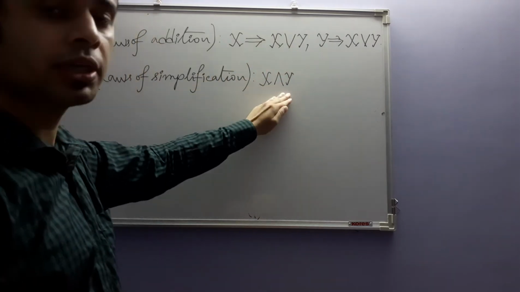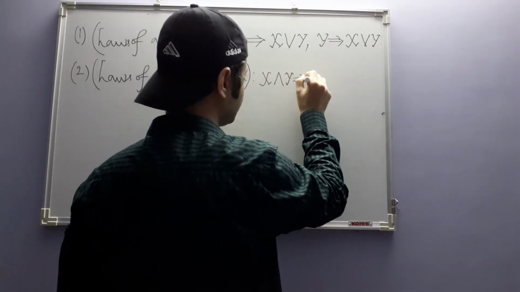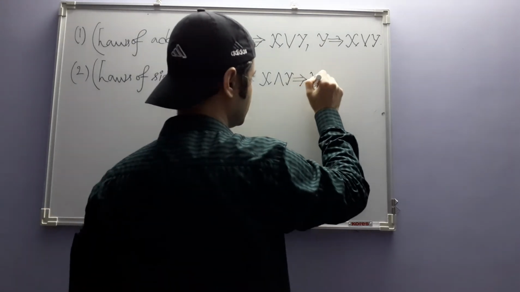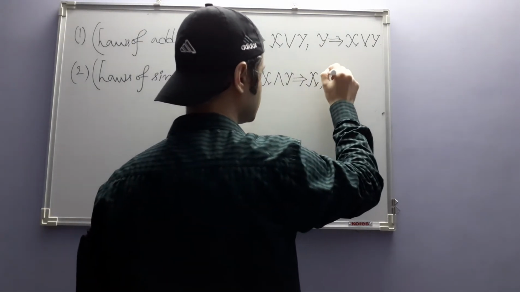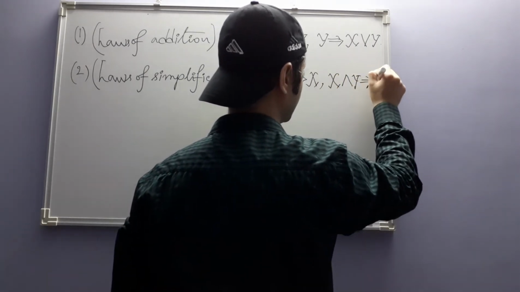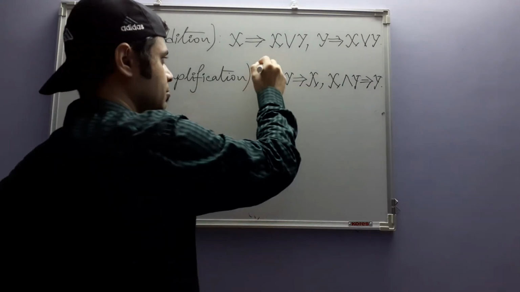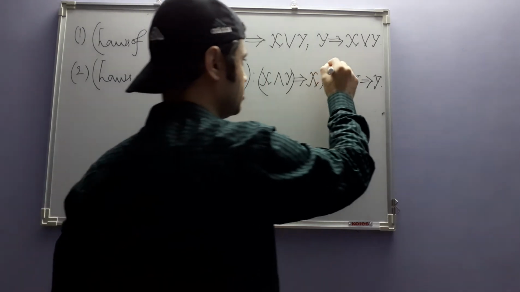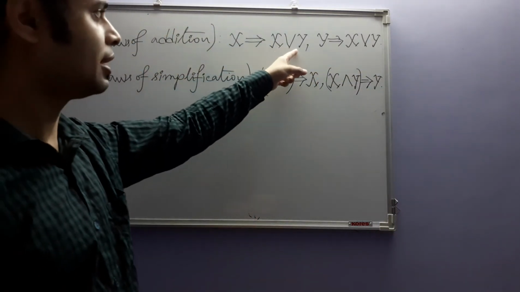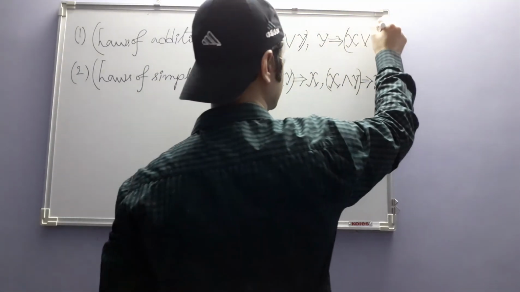When we have simplification, we have conjunction. From that, we can simplify and remove one of the statements, any one of them. x and y implies x. x and y implies y. So we have simplified. From conjunction, we have reduced to a simpler statement, and in the previous case we had added one more, from a single statement we got a disjunction.